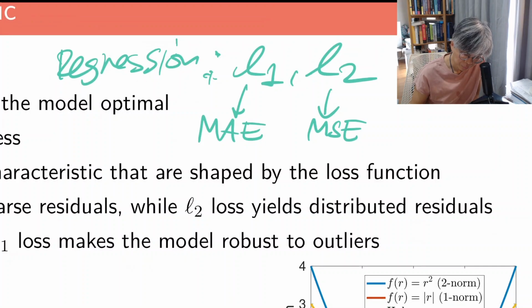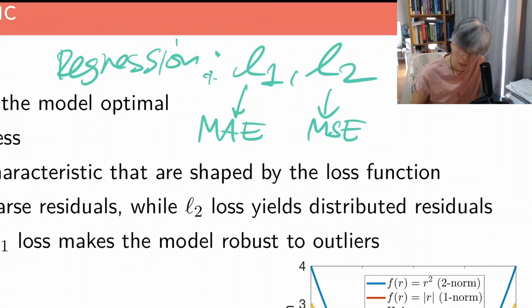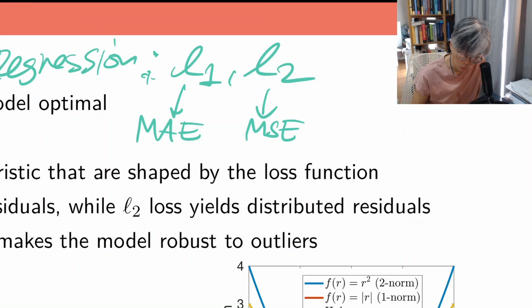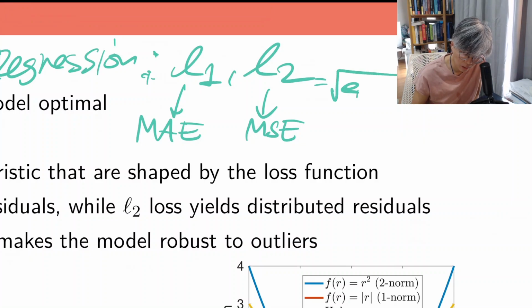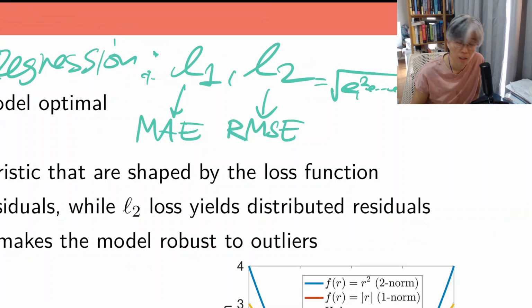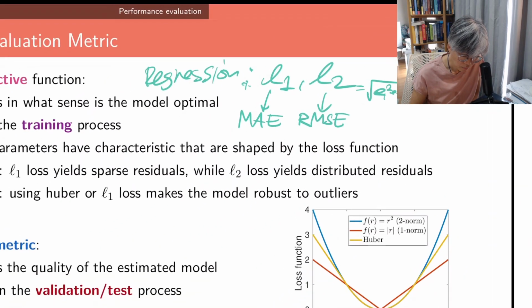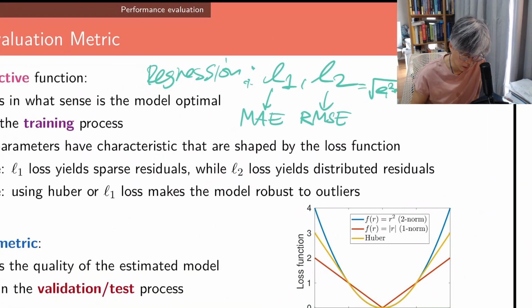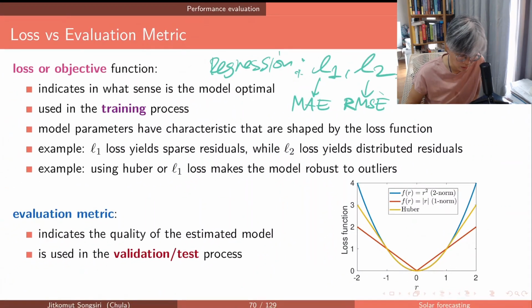But in fact, the 2 norm of the error is typically the square root, right? So to be exact, the L2 norm is the RMSE. But in the optimization process, you actually use MSE, which is the 2 norm squared, so that the loss function is differentiable.